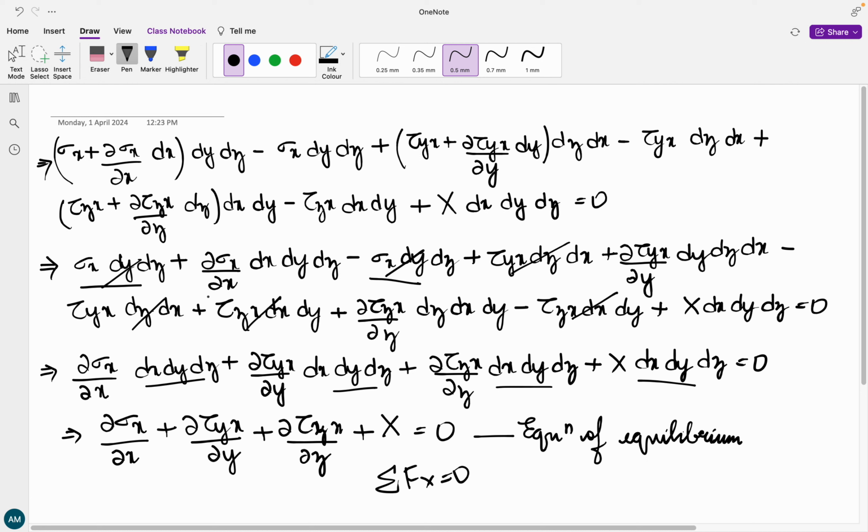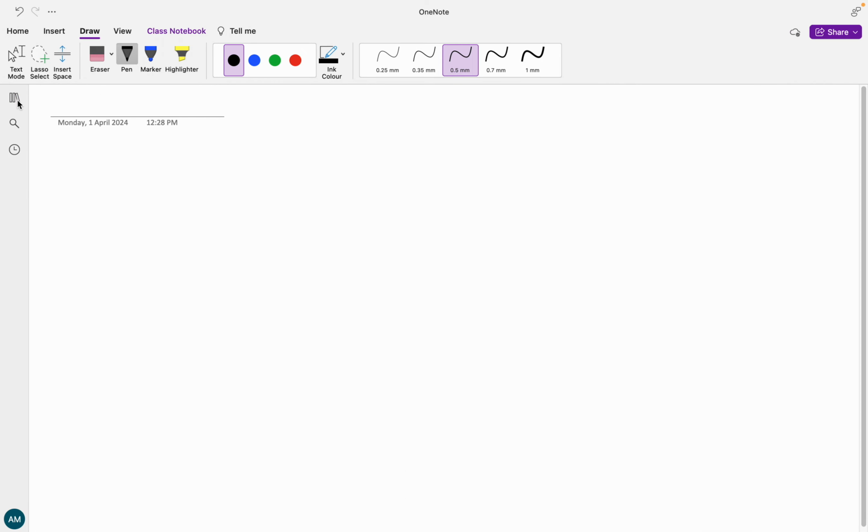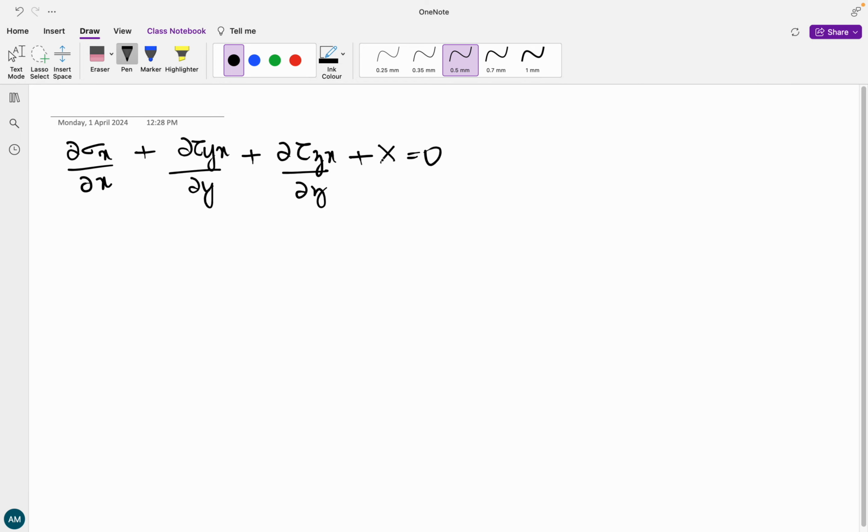Now, if you consider with respect to summation Fy equals 0 and then summation Fz equals 0, I can just generalize it and write. Okay. So first, while considering summation Fx equals 0, we have dou sigma x by dou x plus dou tau yx by dou y plus dou tau zx by dou z plus X equals 0.